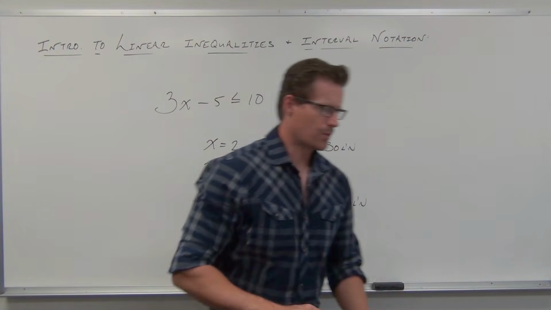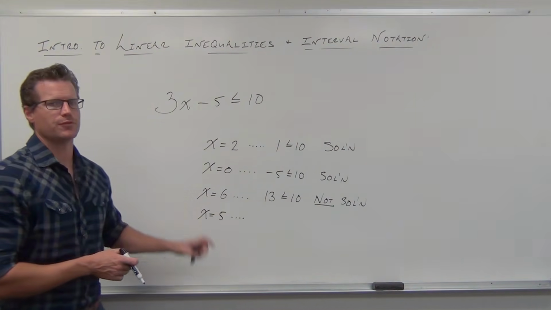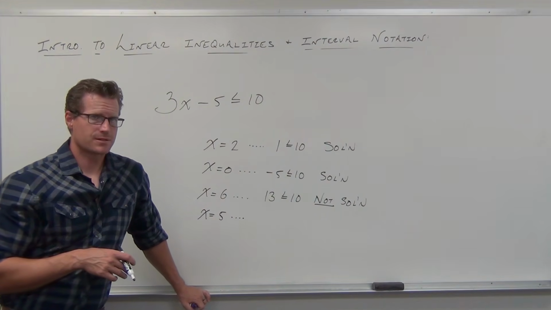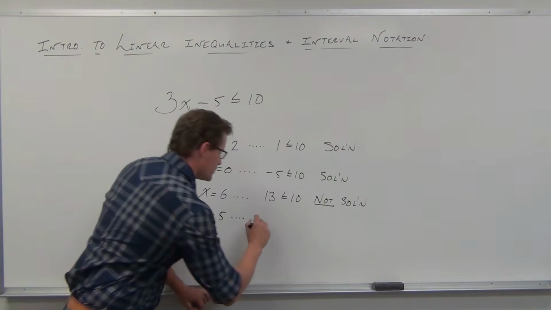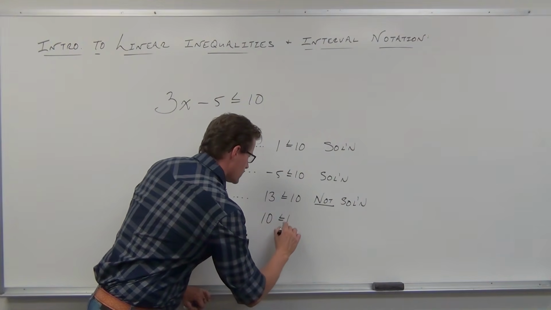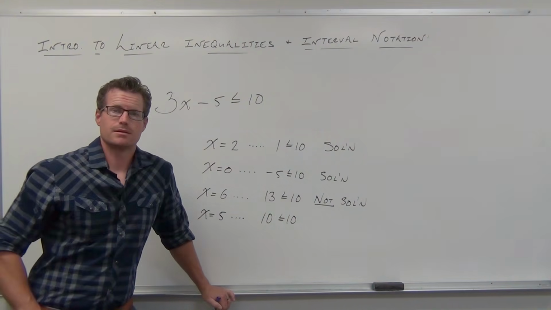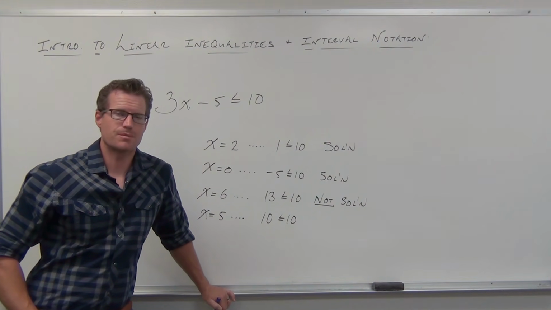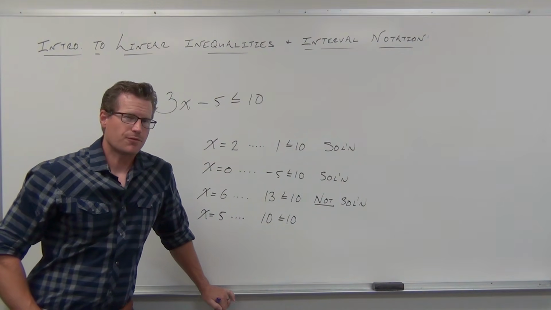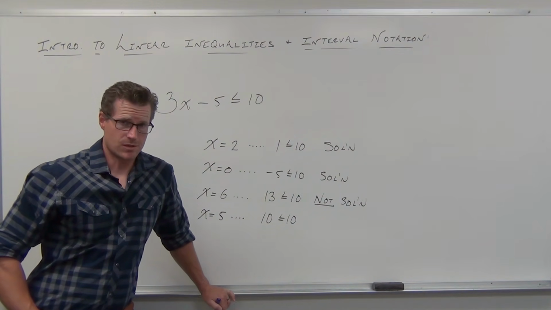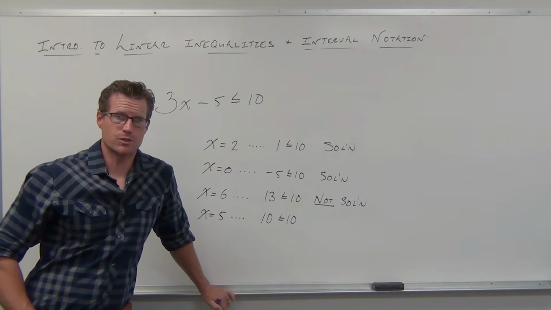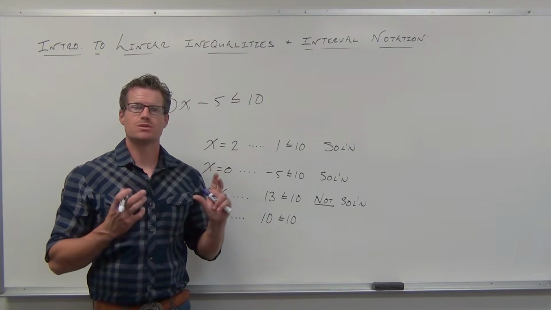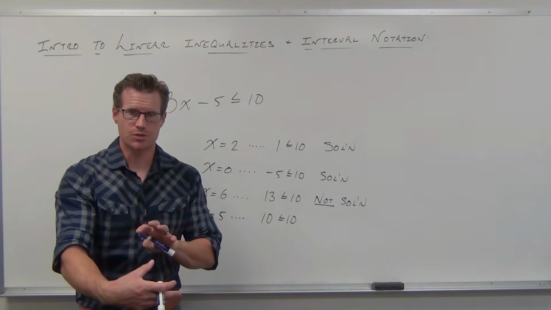Last one, and then we're going to be done with our video here. Let's plug in 5. If you plug in 5, you get 3 times 5, that's 15. 15 minus 5 is 10. Is that a solution? Well, that depends on the inequality. If you have the less than or equal to, or the greater than or equal to, then this allows for that one number that makes the two sides equal to be part of your solution set.